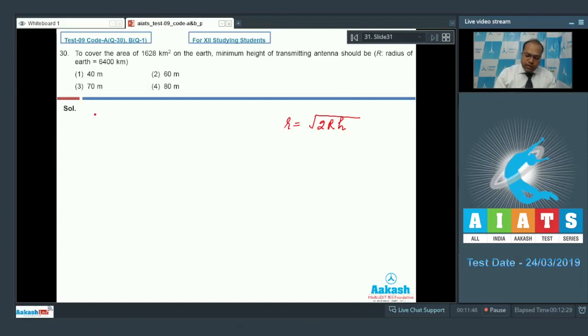In the given question, it is given that 1628 is equal to pi into r square.